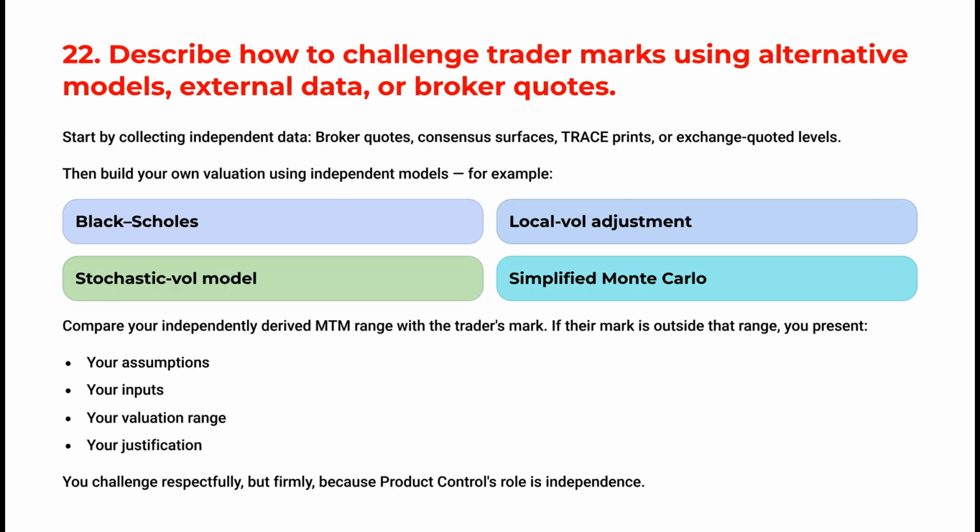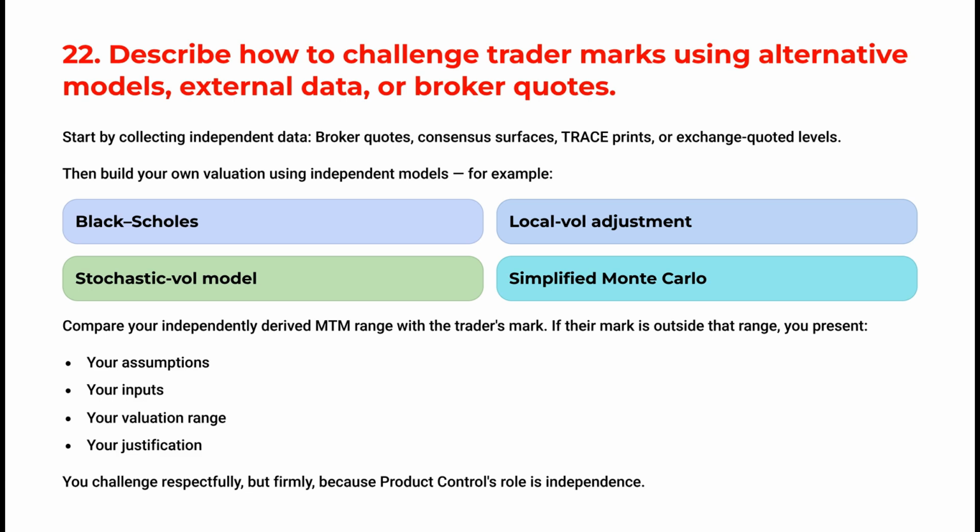Describe how to challenge trader marks using alternative models, external data, or broker quotes. Start by collecting independent data, broker quotes, consensus surfaces, trade prints, or exchange quoted levels. Then build your own valuation using independent models. For example, Black-Scholes, a local vol adjustment, a stochastic vol model, a simplified Monte Carlo.